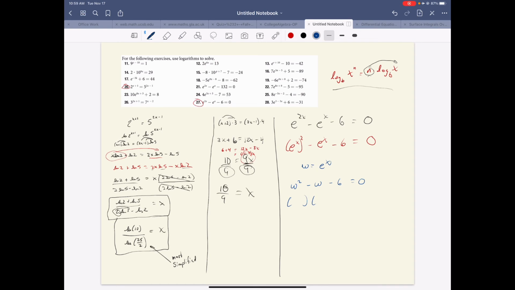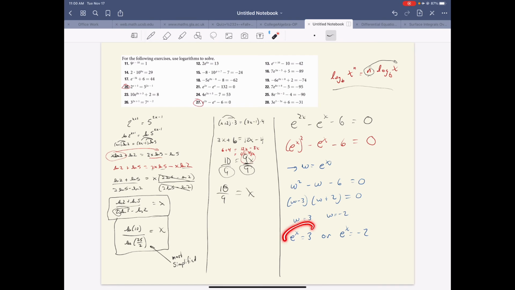That I could then factor and say, okay, well, then that should be w minus 3 and w plus 2. So then w equals 3 or w equals negative 2. And because of that, I know that w was e to the x, and so e to the x equals 3, or e to the x equals negative 2.